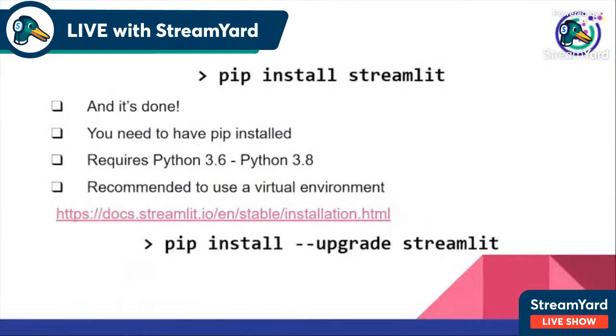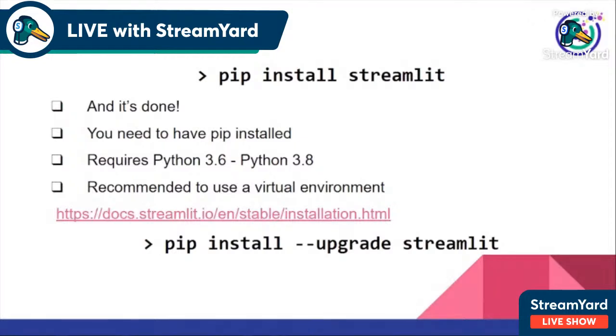So how to install Streamlit? The installation is pretty straightforward. If you have pip installed in your machine, you just have to do pip install streamlit, and after a while it's done. So you need to have pip installed. It requires Python from 3.6 to 3.8, but of course it's subject to changes, and it's also recommended to use a virtual environment.